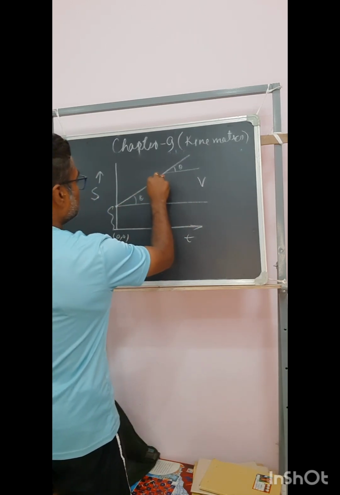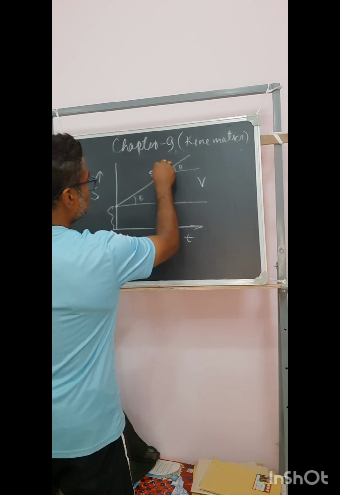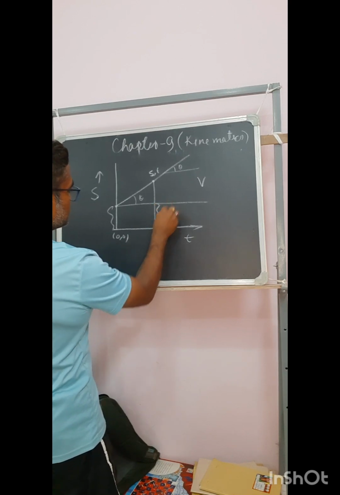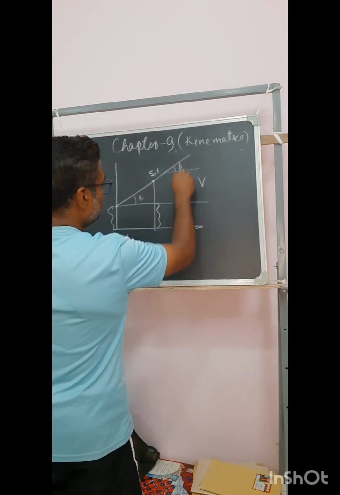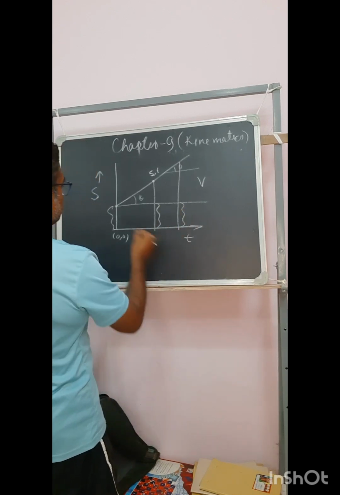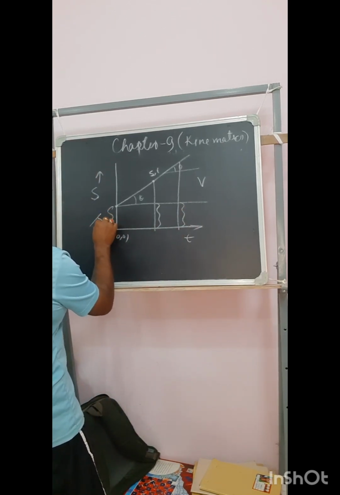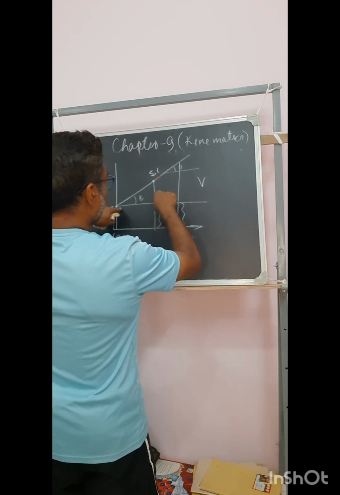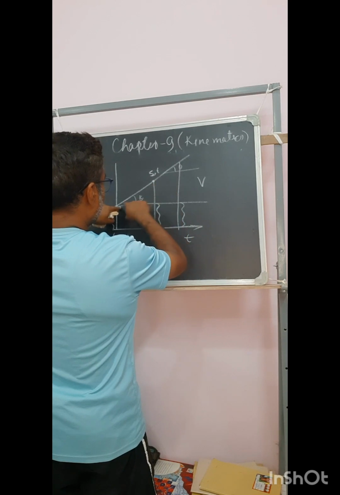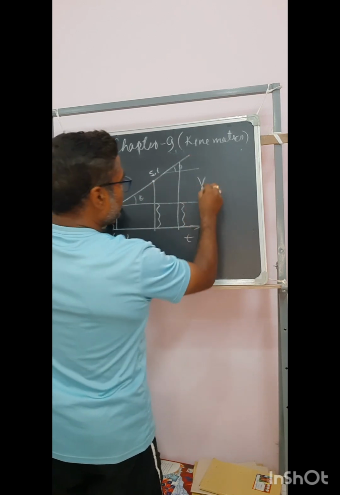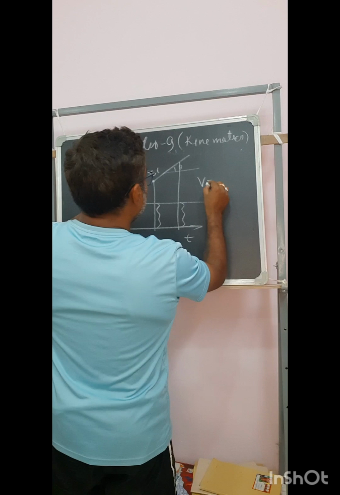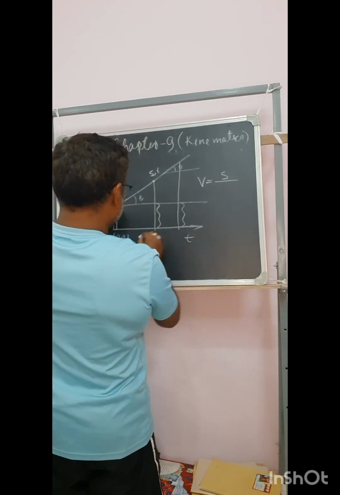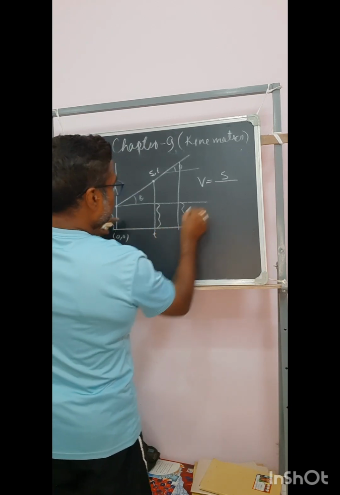Whatever point I take, say s comma t, if I drop it down, it will always be added with this constant part. Wherever I drop it, I will find a constant part. Let's say I am assuming it at small s. So what would be s for the curve, this straight line itself? This will be v equal to s by t, for time spent t, from 0 to, let's say, t.